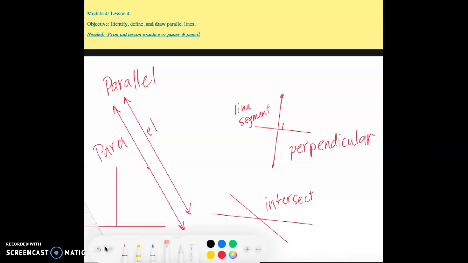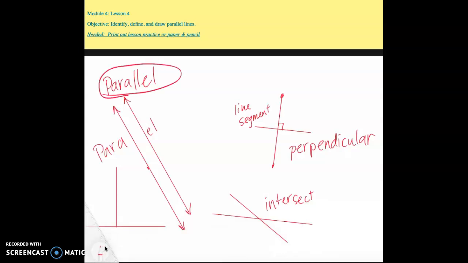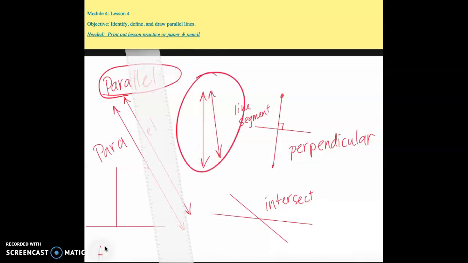So parallel even has the two L's in it. The word parallel does. It has two L's in it right there. Parallel lines never touch, and they're not going to touch. If I had another two lines, say I have this one, and I have this one, are those two parallel right here?